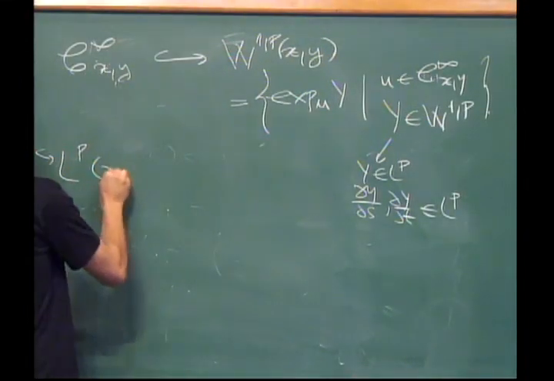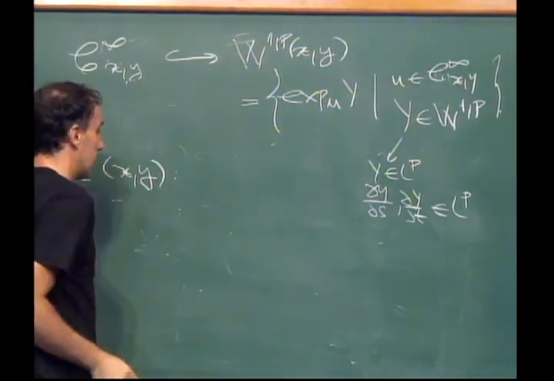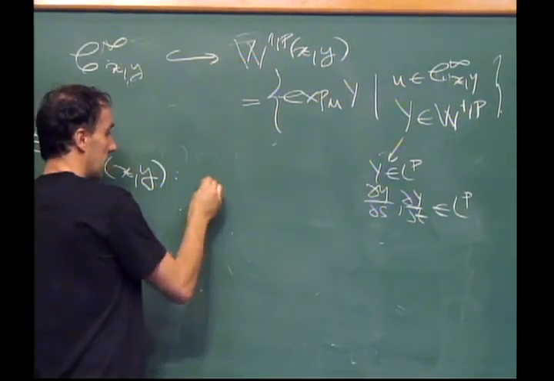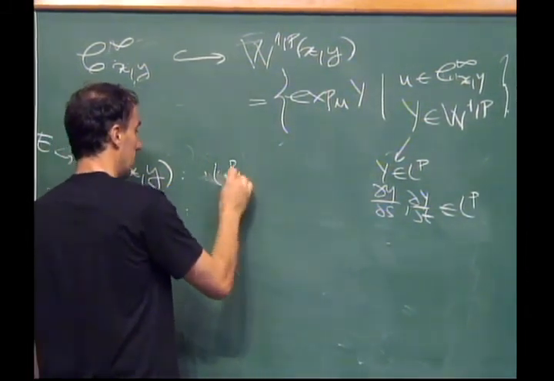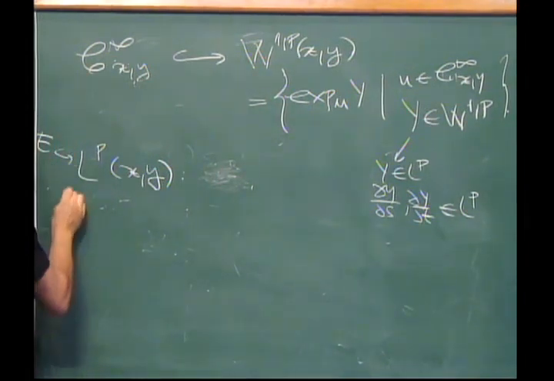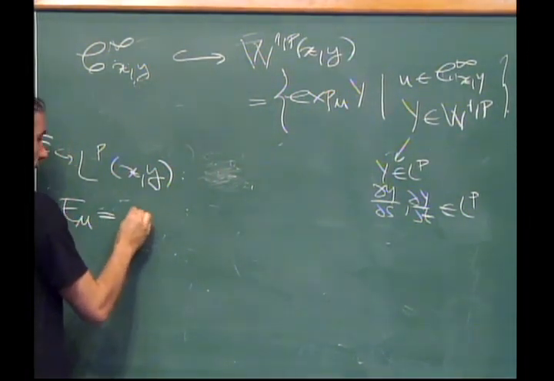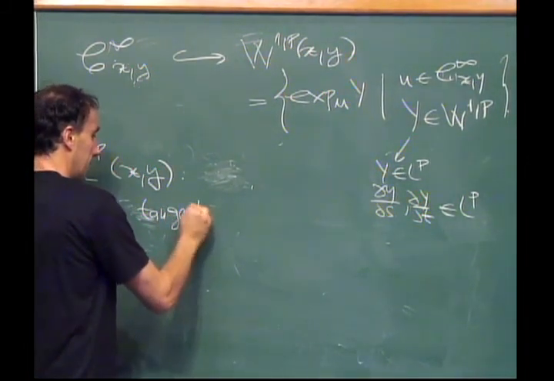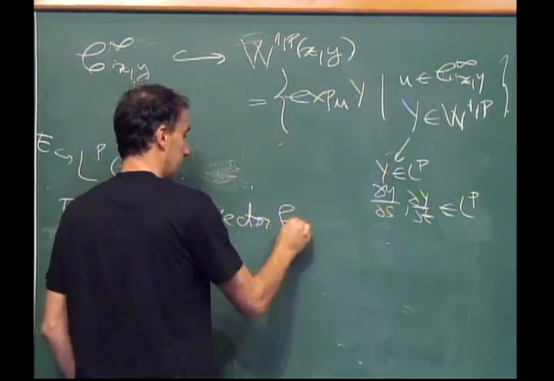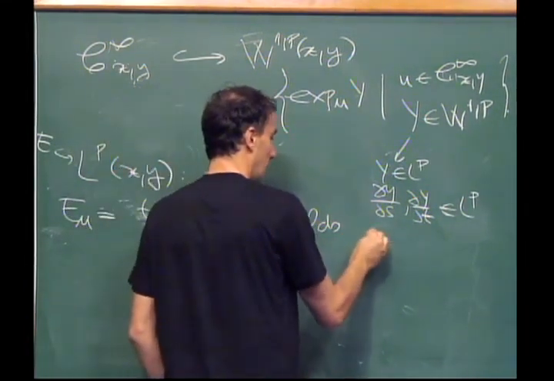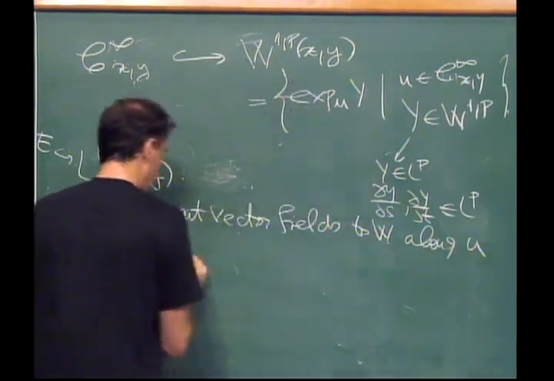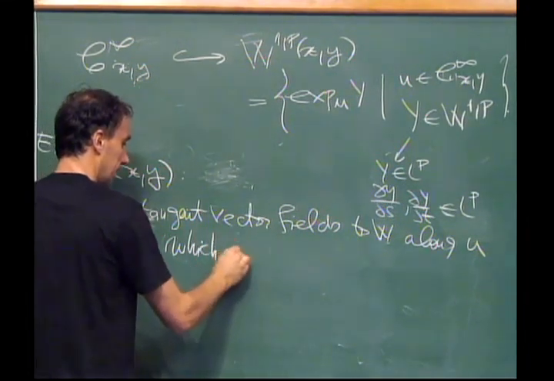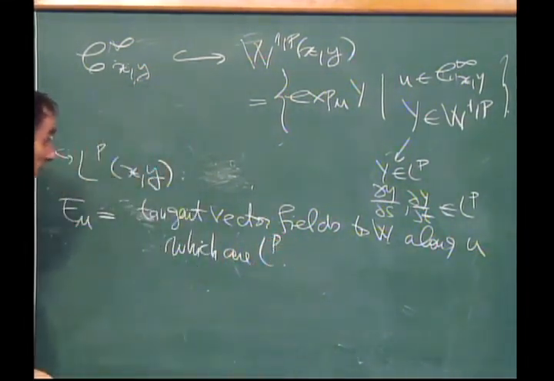is LP xy, which are vector fields in LP. So let me just write the fiber. E_U are tangent vector fields along U which are P integrable.